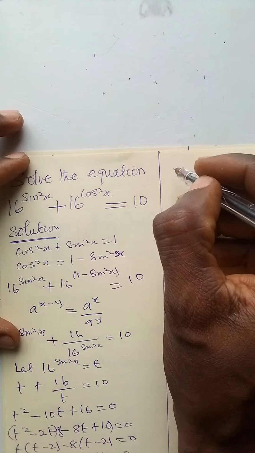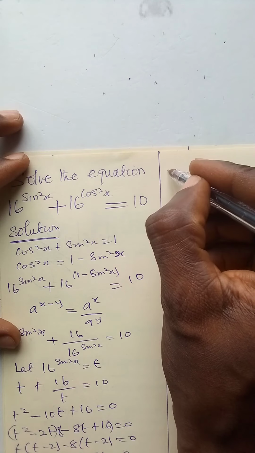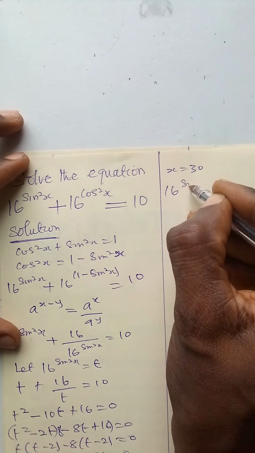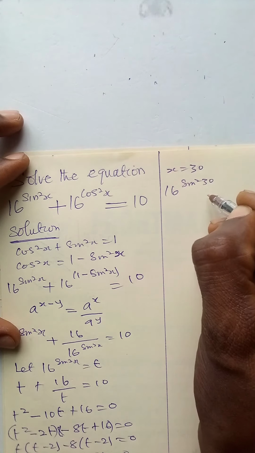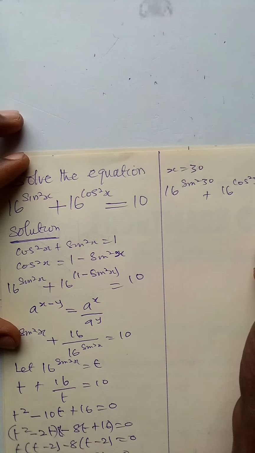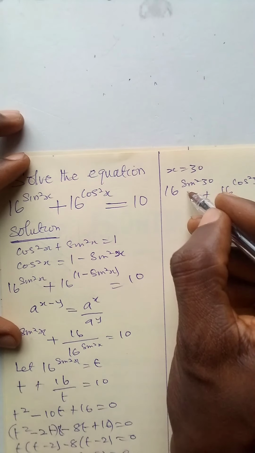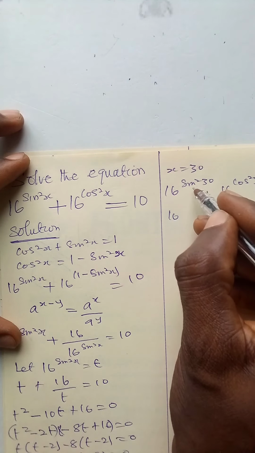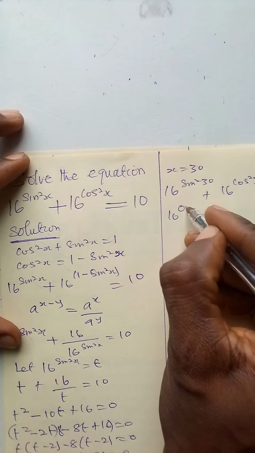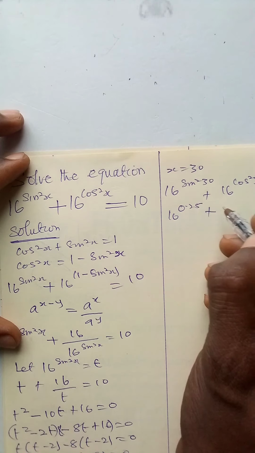Let us check if our solution is correct by substituting either of these values into the original equation for x. And let us assume that we are using x equals 30. Now, 16 sine squared 30 plus 16 cos squared 30 is equal to 10. In the first case, sine 30 is 0.5, and 0.5 times 0.5 is 0.25, or 1 over 4.